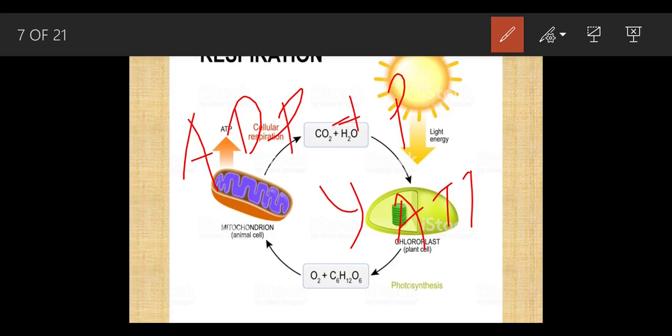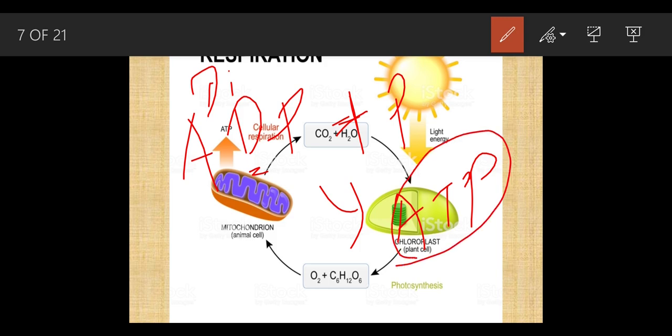What does that mean? ADP means adenosine diphosphate, di meaning 2 phosphates. When this diphosphate gets one more phosphate, it gets converted into ATP. ADP is the form of energy stored inside the organism, but ATP is the release of the energy.